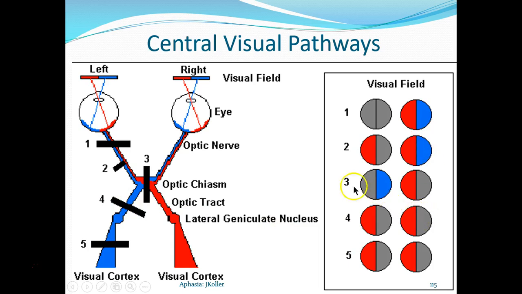If we're looking at the visual fields now, what we're saying is, well, we have that visual field and that visual field. Both of them are the reds, meaning that they came from the right side, and those are okay. So we have the left temporal and the right nasal are fine. What about the left nasal and the right temporal, or the blue coming from here?